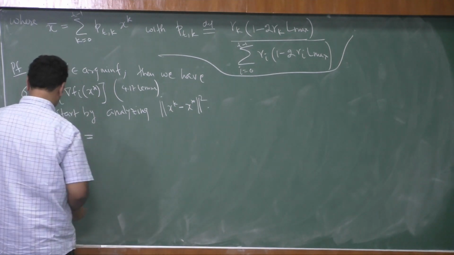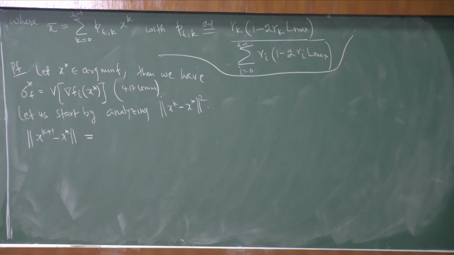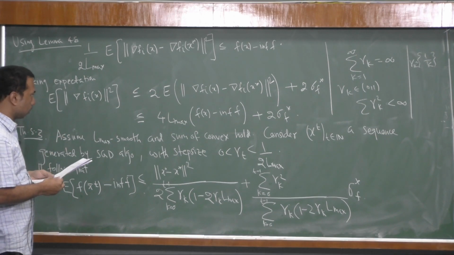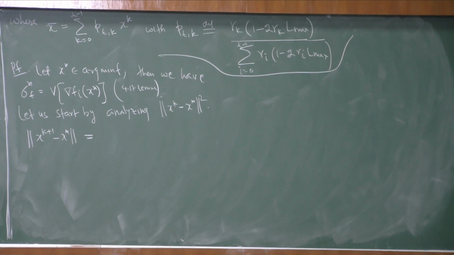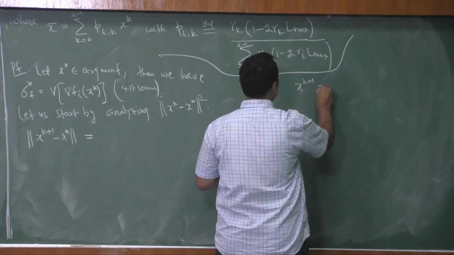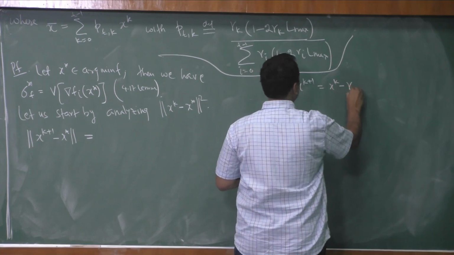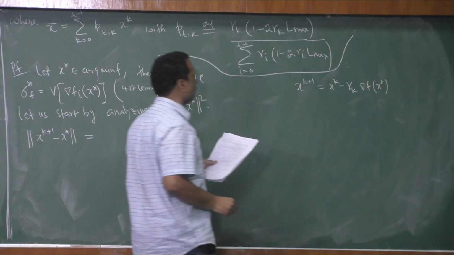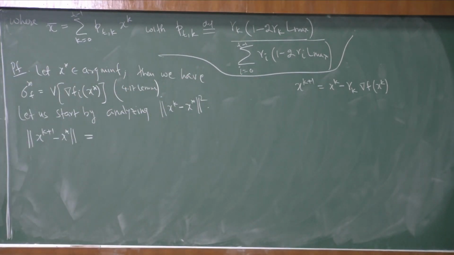Since it's SGD, x_{k+1} is x_k minus gamma_k grad f x_k, so we are going to use that. On the side, we write that x_{k+1} is x_k minus gamma_k grad f x_k. This is the SGD algorithm, that's how x_{k+1} and x_k are related.